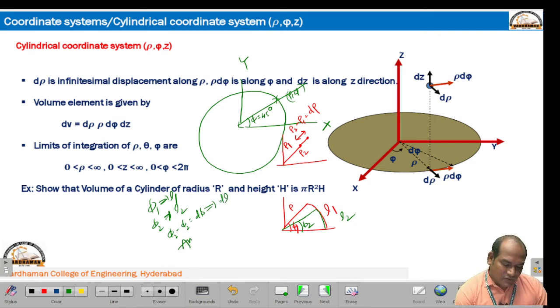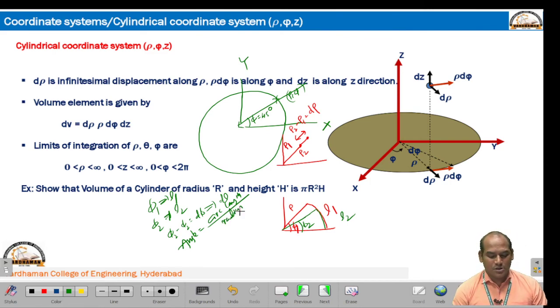Actually, angle is equal to arc length by radius. So, based on this, phi 2 is equal to L2 by rho, phi 1 is equal to L1 by rho.